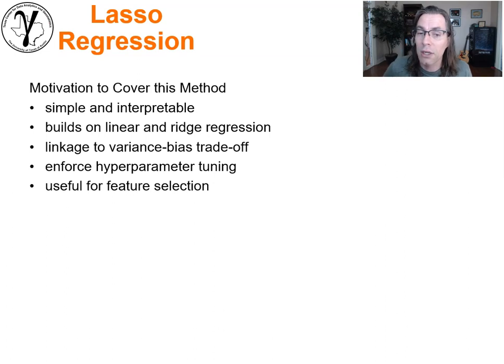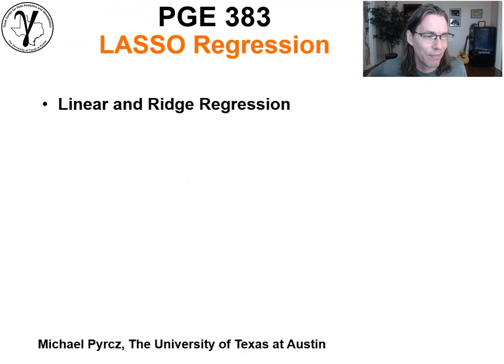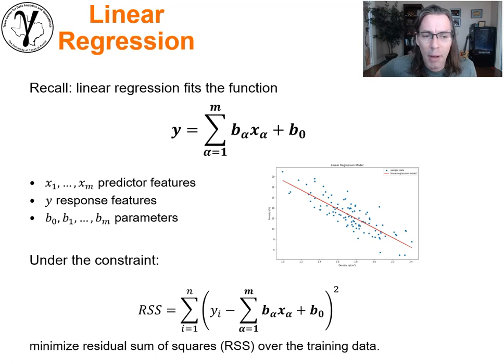And we want to enforce the concept of hyperparameter tuning. That's essential. We want to also have a chance to talk about feature selection while performing prediction. And that's super interesting. That's a useful thing. So let's cover LASSO regression.